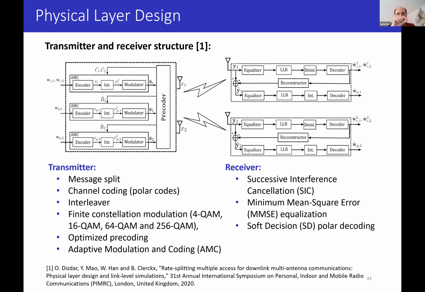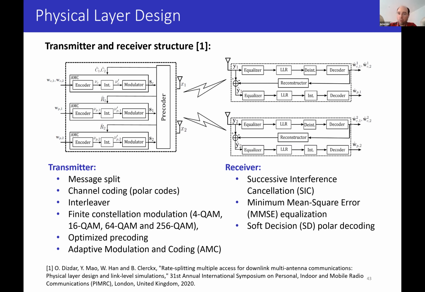And in that step, you need to play with the link adaptation in a way. So this is what you do automatically to maximize the rate of the transmissions. By doing so, you will be able to decode the common streams.